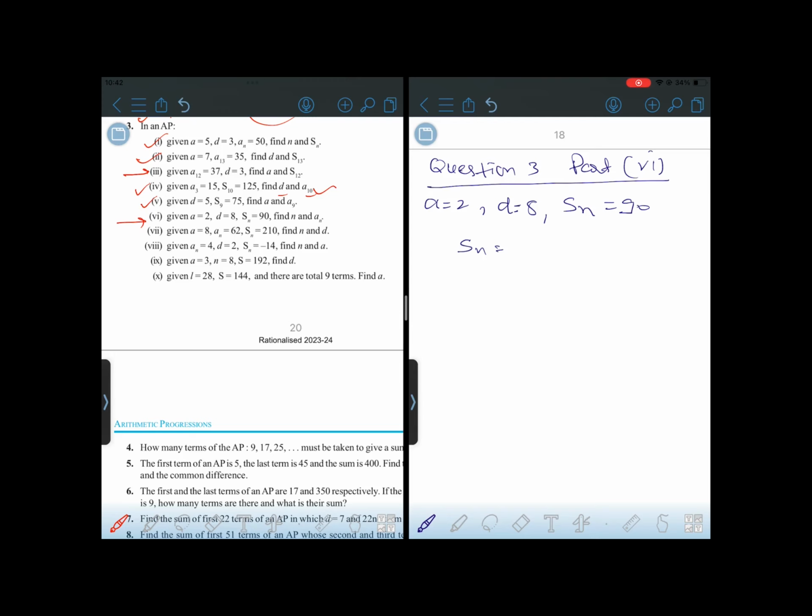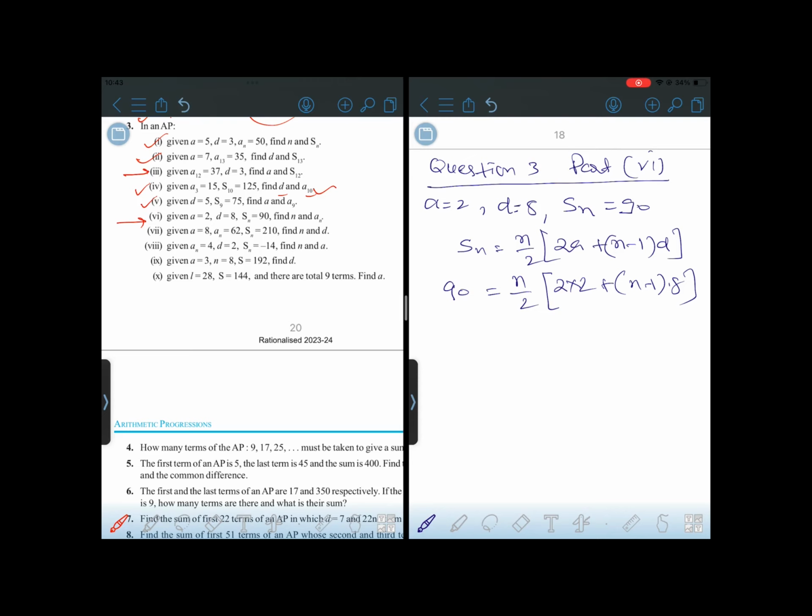That is Sn is equal to n by 2 in bracket 2a plus n minus 1 d. So Sn is equal to 90, and n is to be found, right? Because n is unknown to us, so we just keep n as it is. 2a is 2 into 2, plus n minus 1, and d is 8.